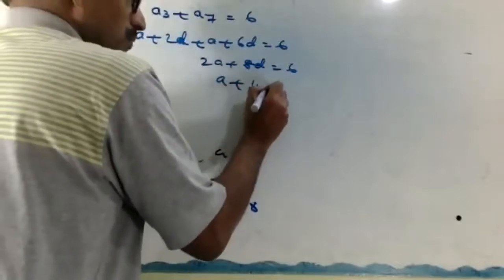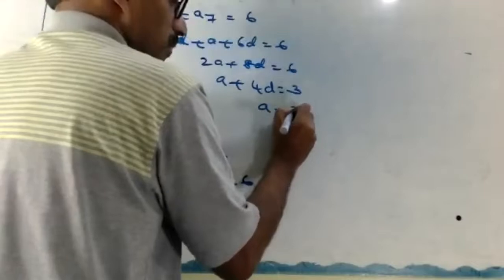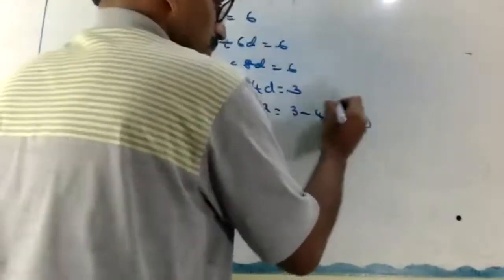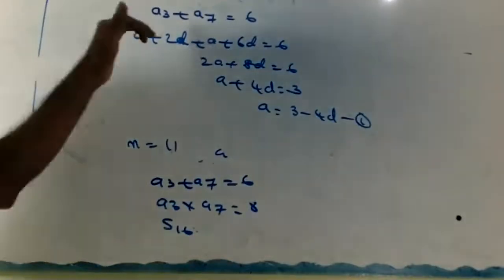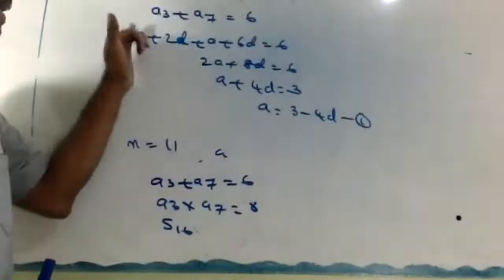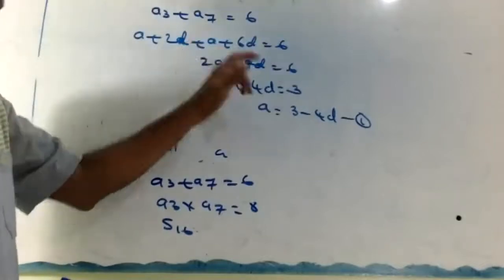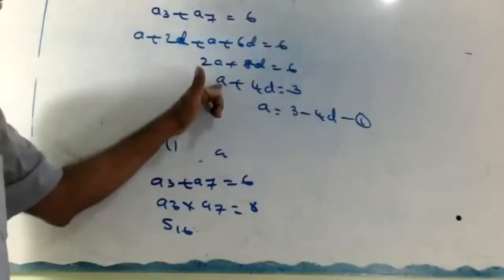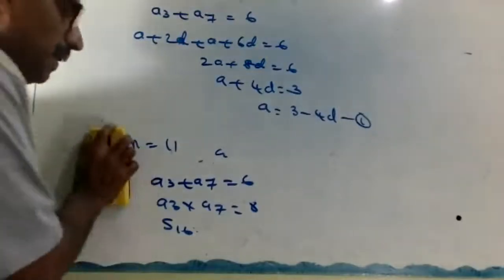A plus 4D equal to 3. So A equal to 3 minus 4D. Call it number 1.